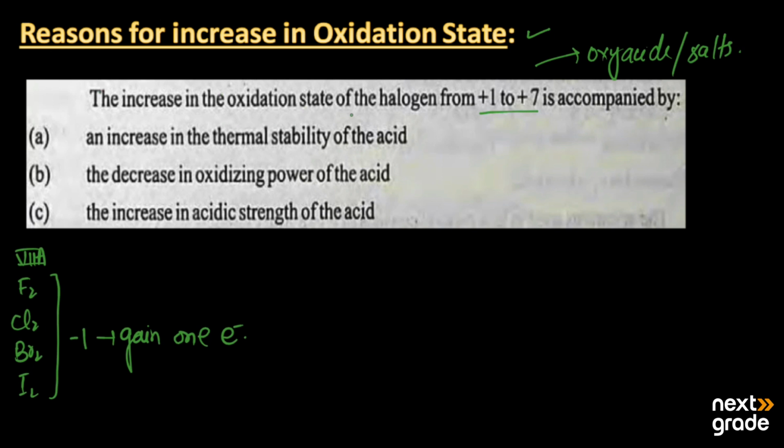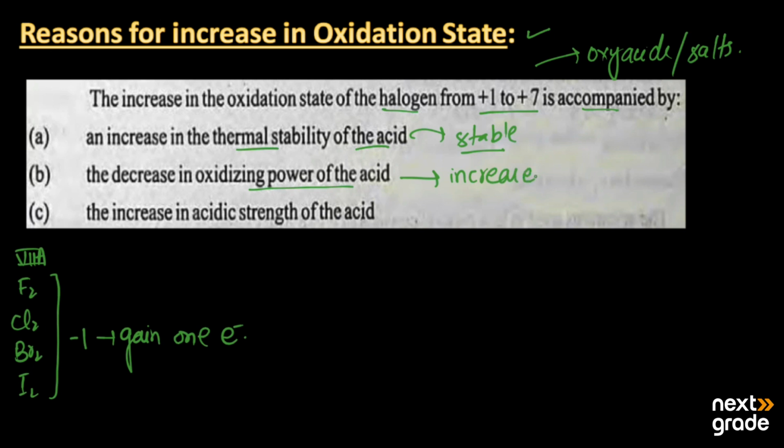So the increase in the oxidation state of the halogen from +1 to +7 is basically accompanied by an increase in the thermal stability of the acids. It means the acids are thermally stable when they are formed. Then the second reason is the oxidizing power of the acids. As the number of oxygen atoms increases, their oxidizing power also increases.